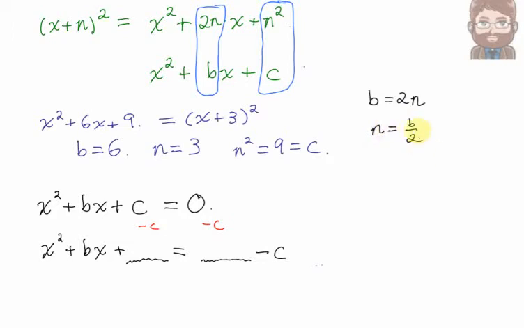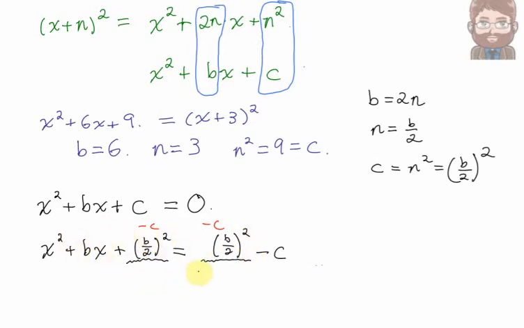And in this c position, we want n squared. So we want c to be equal to n squared, which is equal to (b over 2) squared. So what we need to add to both sides of the equation is (b over 2) squared. So if we do this, then we'll have a perfect square on the left-hand side.